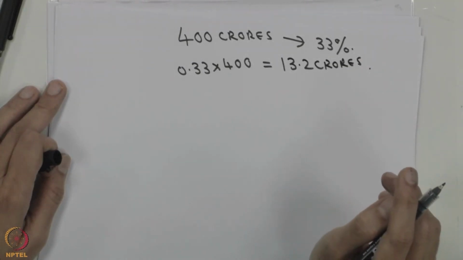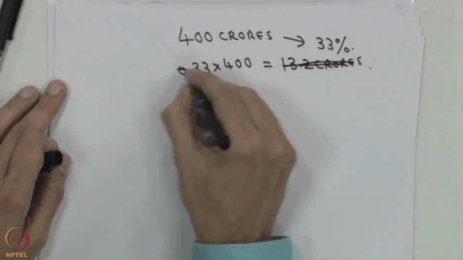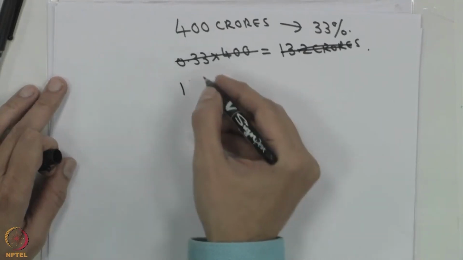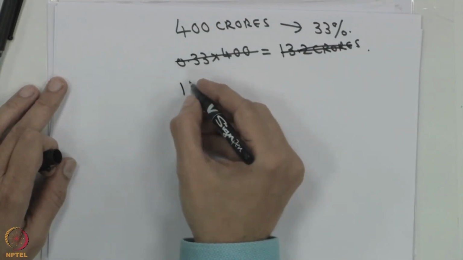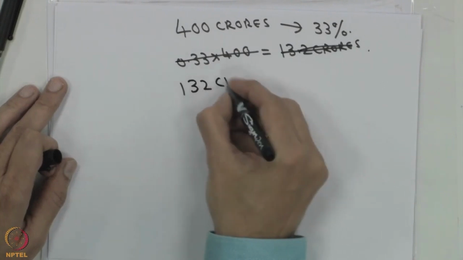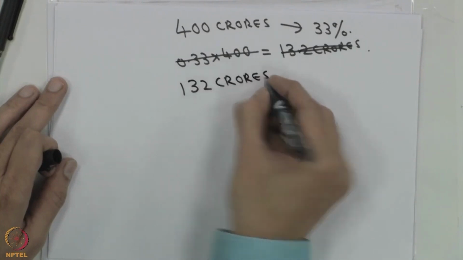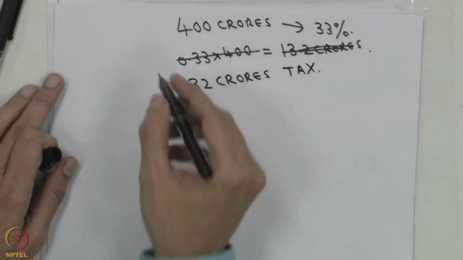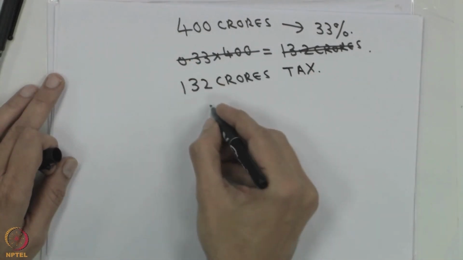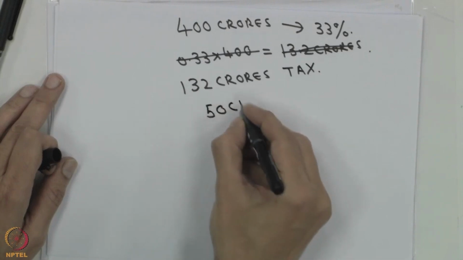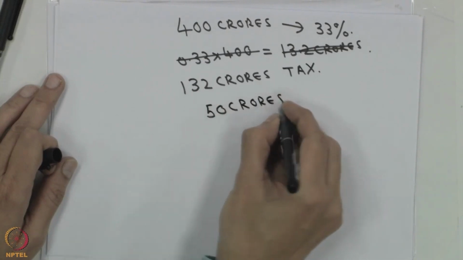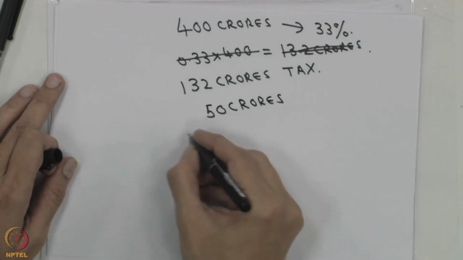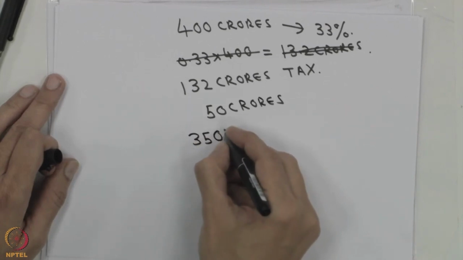400, sorry. So 40 crores is 10%, so 132 crores would have been the tax. In the case where we have made an investment of 50 crores in a wind farm and there is a 100% depreciation, the company is now going to be taxed only on 350 crores.